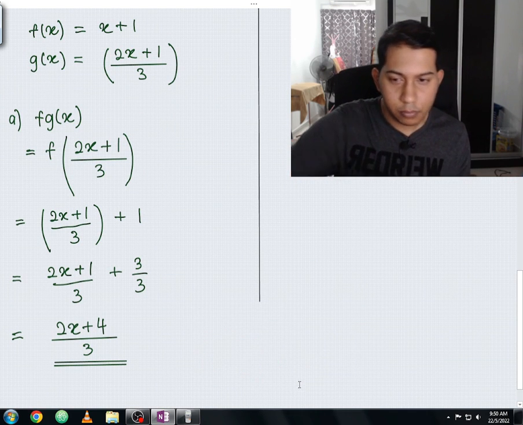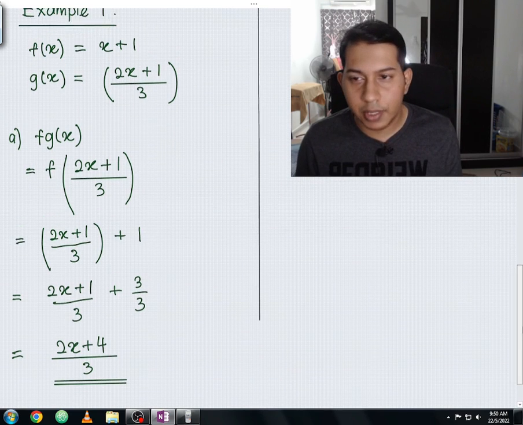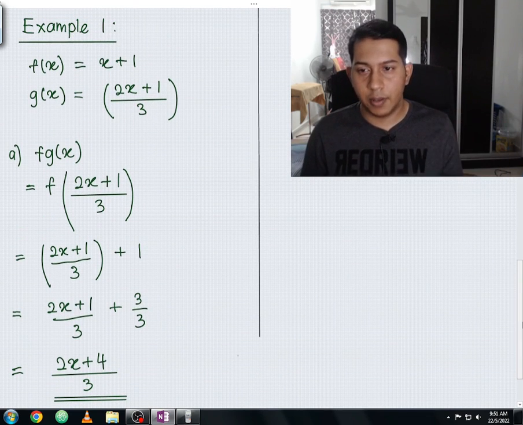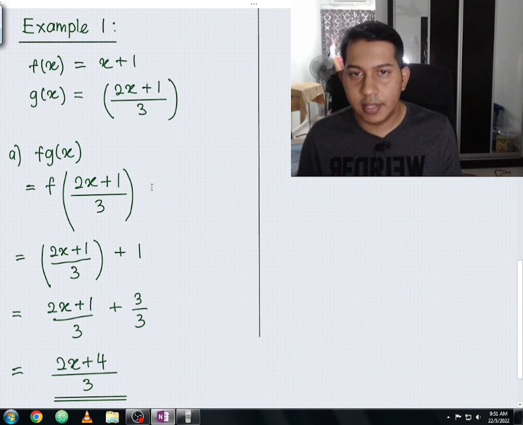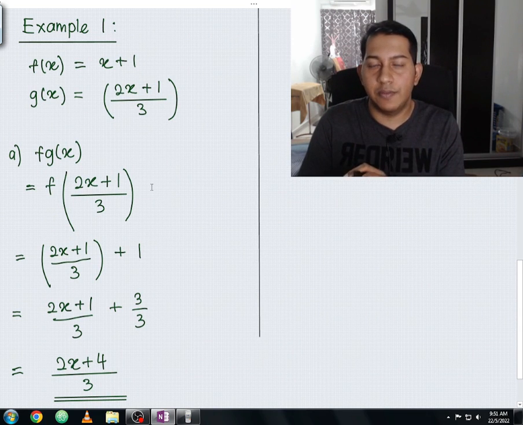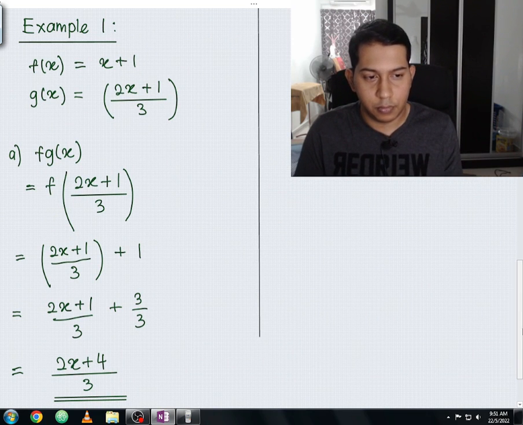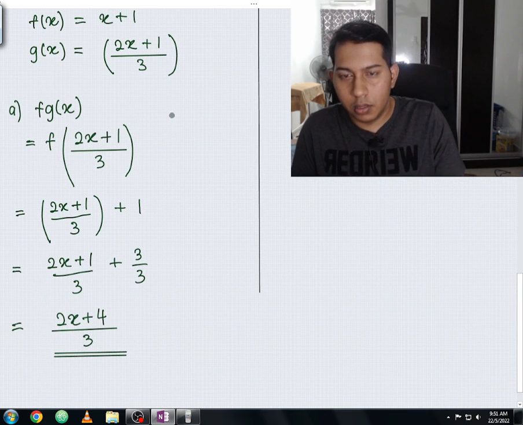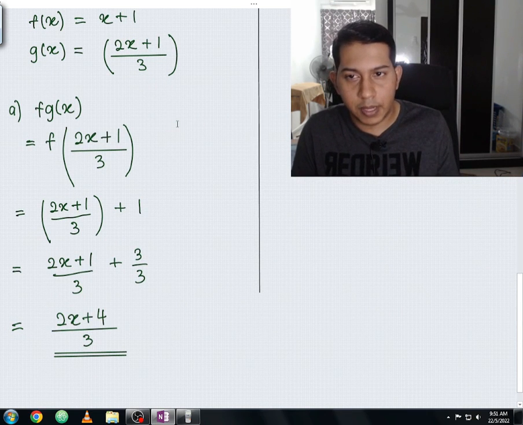So from here let us proceed to gf(x). We have already seen fg(x), so let us have a look at the composite function gf(x). Let us proceed to part B, gf(x).